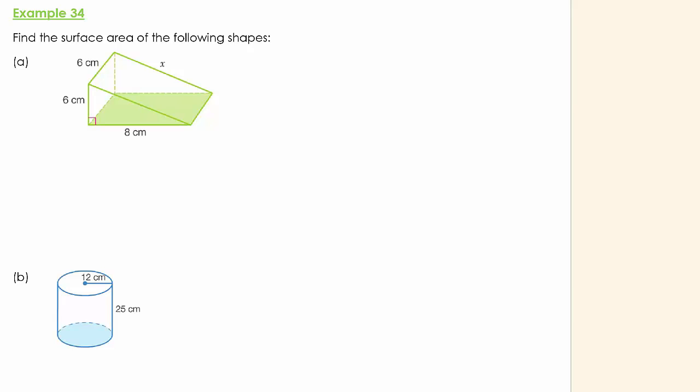So if we look at this shape, what we've got is 2 triangles. Now if we look at that triangle at the end, it's 8 centimeters this way, it's 6 centimeters that way, and we can work out the area.